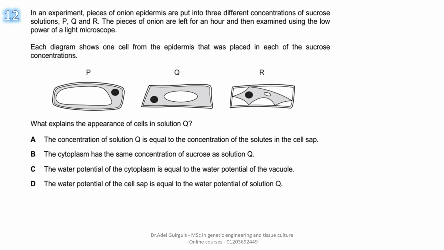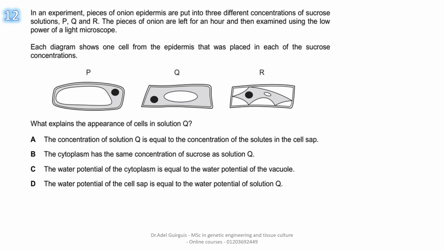Letter C, the water potential of the cytoplasm is equal to the water potential of the vacuole. This statement describes the internal state of the cell, cytoplasm and the vacuole. But what about Q, the external environment where cells lie? So this also is an incorrect statement. What about D?